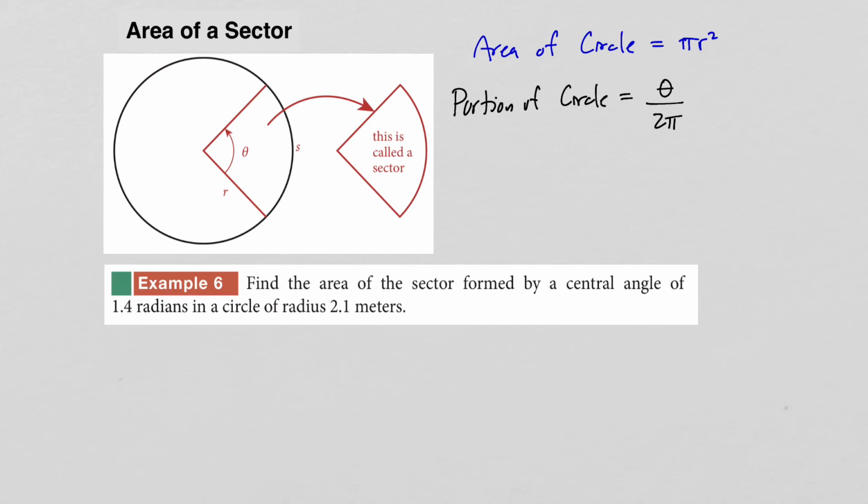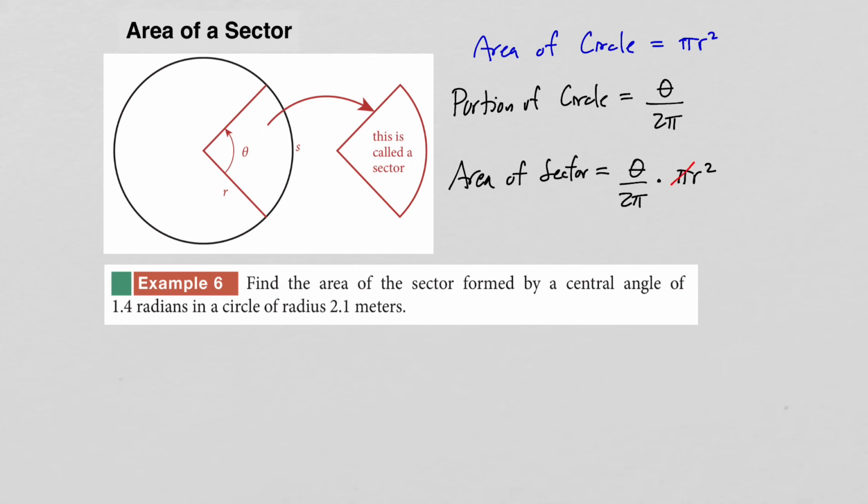This is going to be the ratio or the portion of the circle that you have when you have a central angle of theta. So the area of the sector, you're going to take that portion of the circle, theta over 2 pi, and you're going to multiply that by the area of the circle, which is pi r squared.